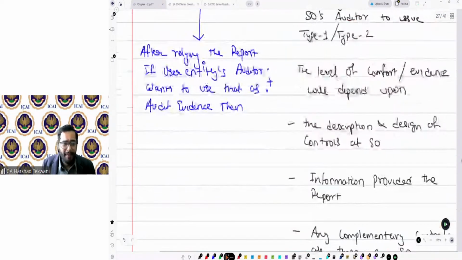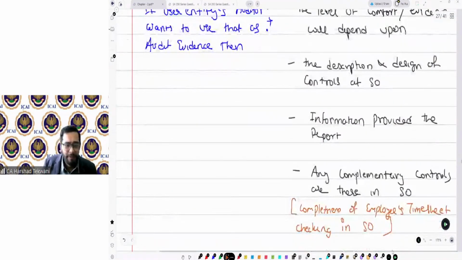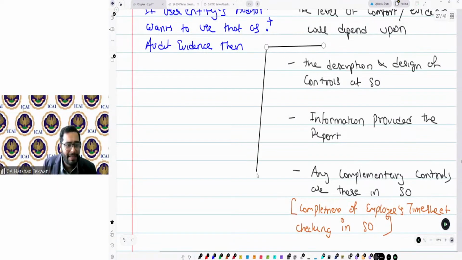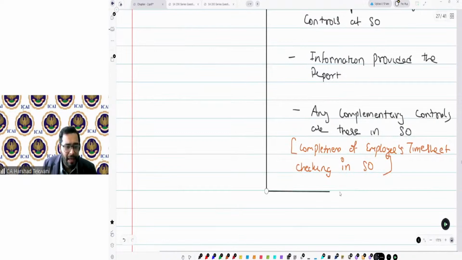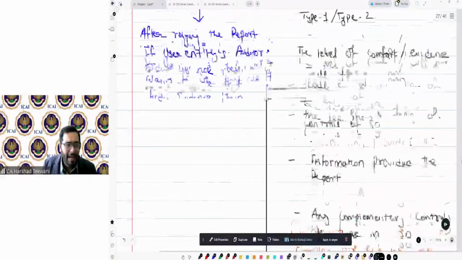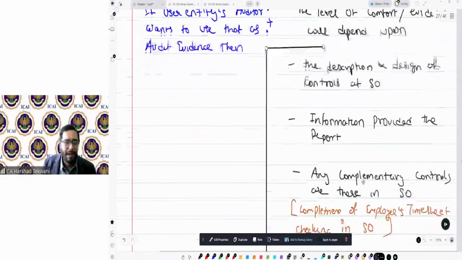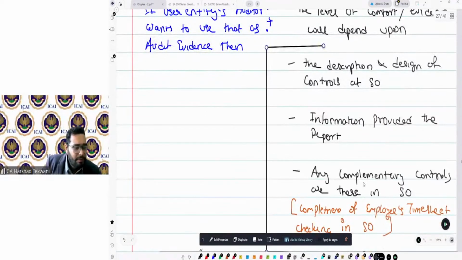If yes, if I evaluate, understand, and check all these things, then on the basis of that, I can understand what level of evidence I'm getting.